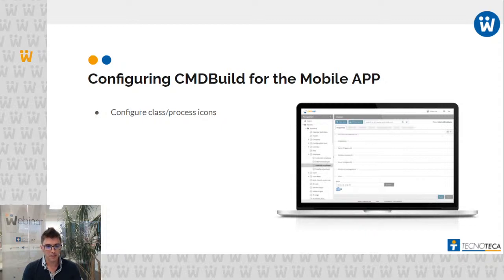Okay, and then there are some configurations that we can do in our CMDBuild to have a better experience. For example, we can configure the classes and processes icons. This is useful when we have a superclass with several subclasses, because the icon can help us to identify the type of card.